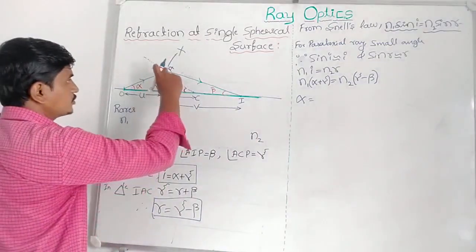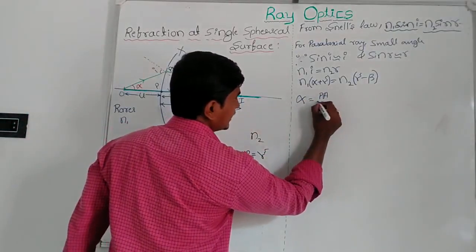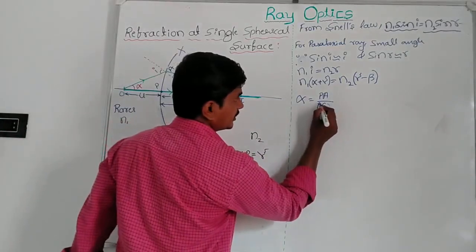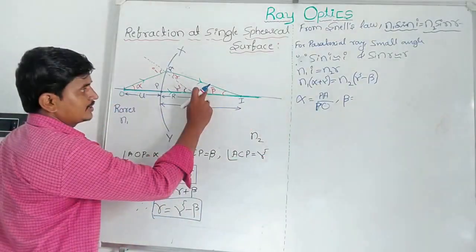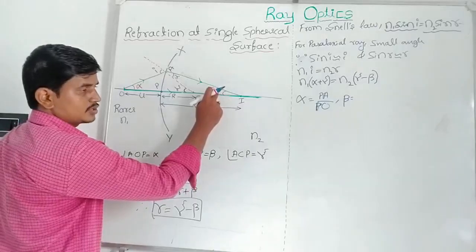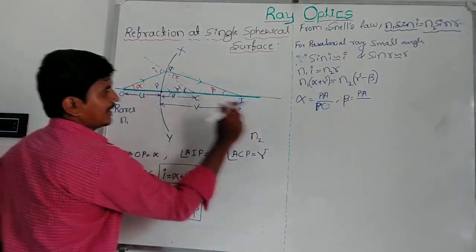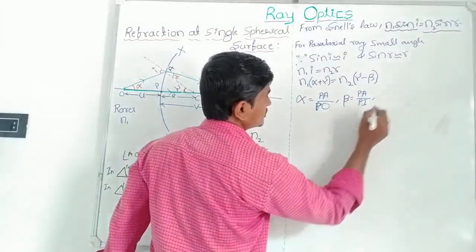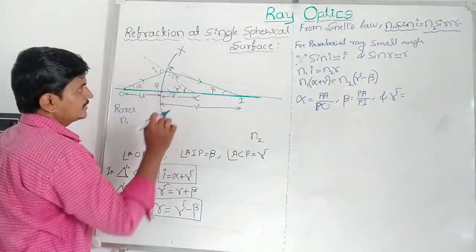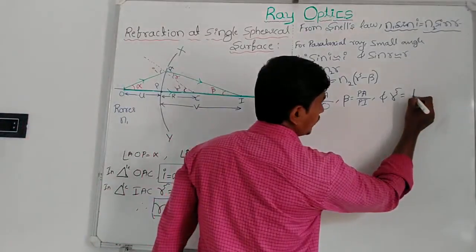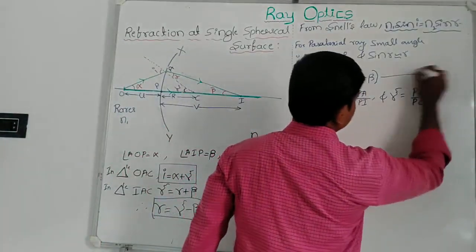Tan alpha is equal to opposite divided by adjacent, which is PA divided by PO. Beta: in the triangle AIP, tan beta is opposite divided by adjacent, which is PA divided by PI. And gamma: in the triangle ACP, gamma is equal to PA divided by PC.